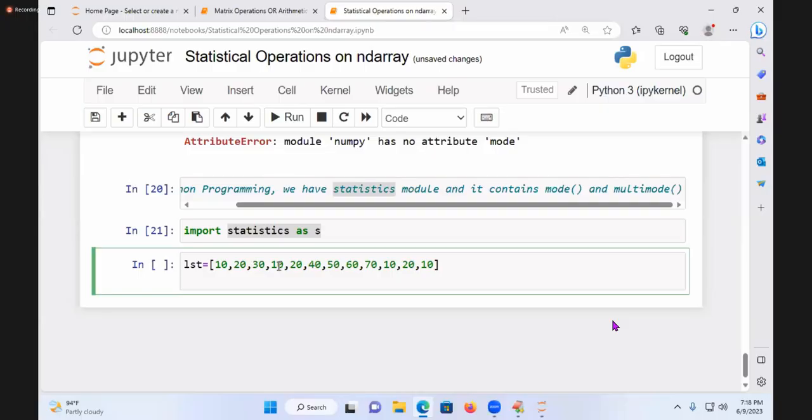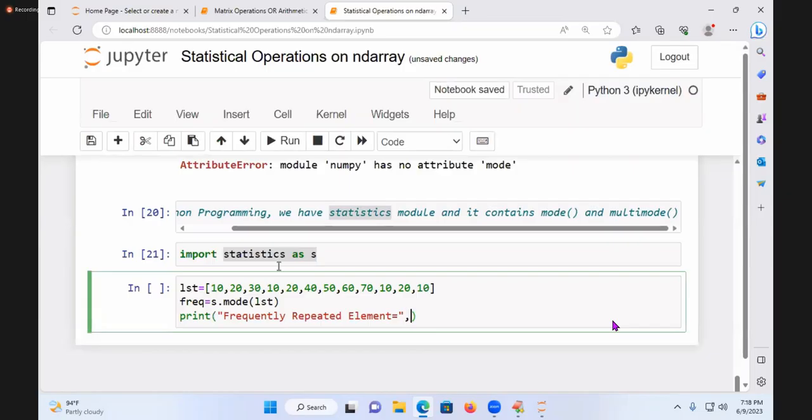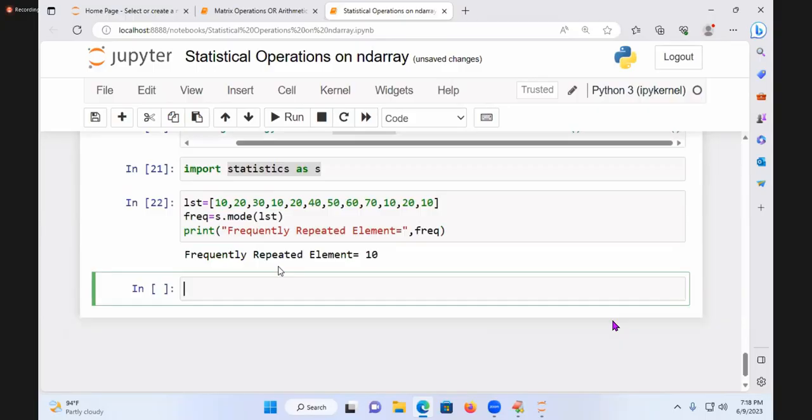Frequent element is equal to yes.mode of LST. Frequently repeated element, comma, FREQ. See the data. What is coming? 10.